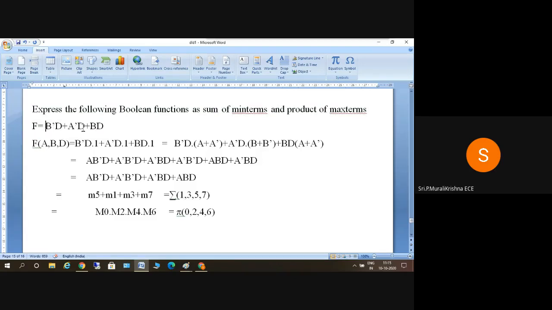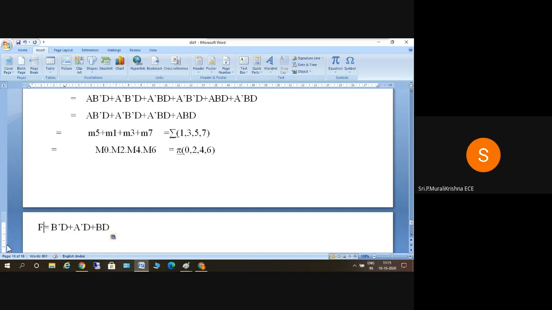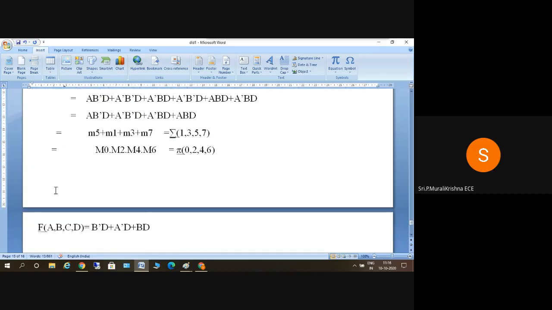What I assumed earlier is that there are only three input variables available, so I took only A, B, D. But if the same problem is given as f of A, B, C, D, here we have to consider all four input variables. So here AC is missing, here BC is missing, and here AC is missing. These terms should be added to each and every term here. So do the problem and tell me the min terms and max terms.